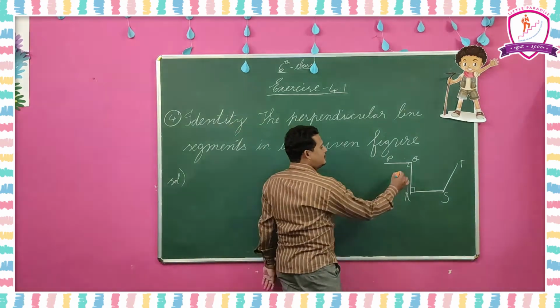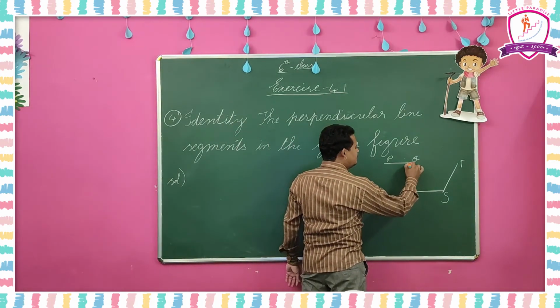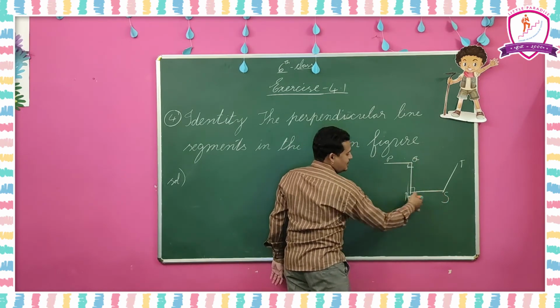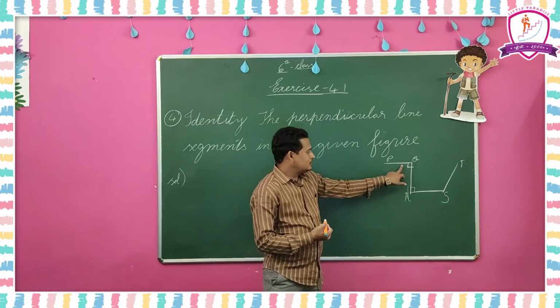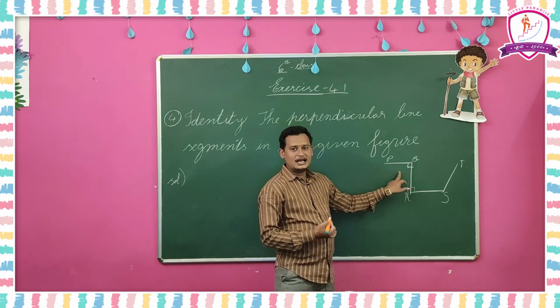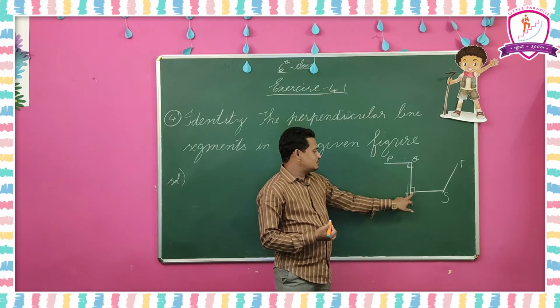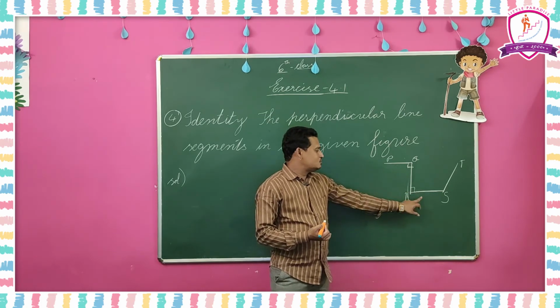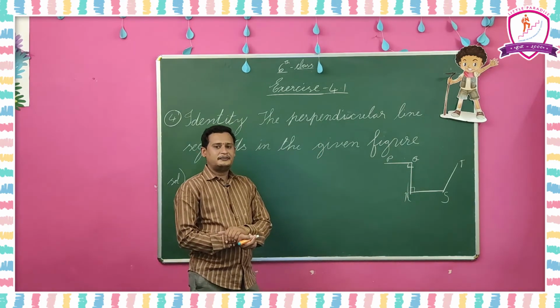Here the 90 degrees was formed between PQ and QR, and QR and RS. At these two places the right angle was formed. So these two pairs of lines will become perpendicular.